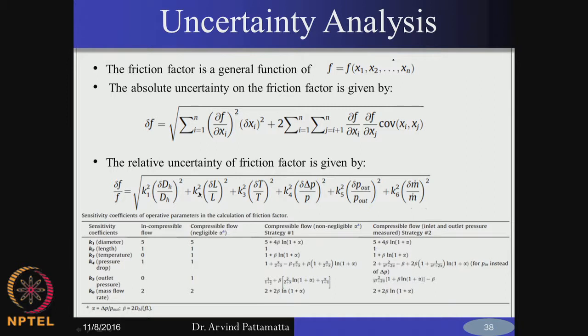So this is a standard procedure used across all measurement analysis. The uncertainty is a very important thing that you have to report. When you do measurements, you have to say what is the confidence level of your measurements, whether it is within plus or minus 5% or within plus or minus 10%. That will give you the error bars.